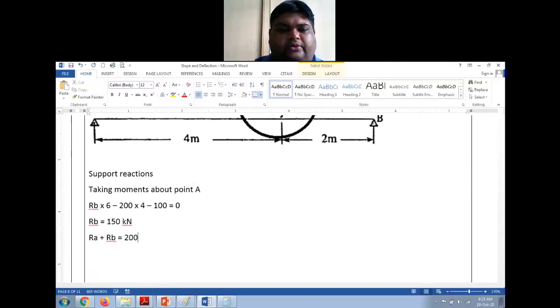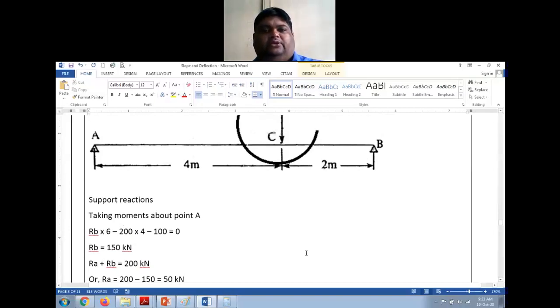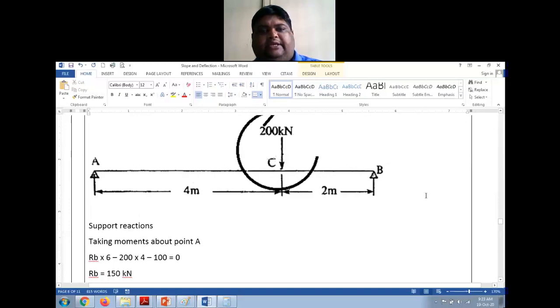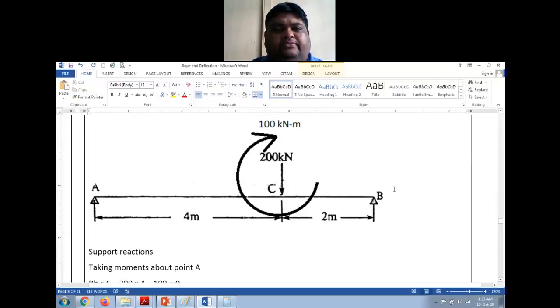So that should be equal to 200 kilonewton, or RA is equal to 200 minus 150, which is equal to 50 kilonewton, right? So I have found the support reactions at both the supports A and B. Now we can proceed with the bending moment calculation.